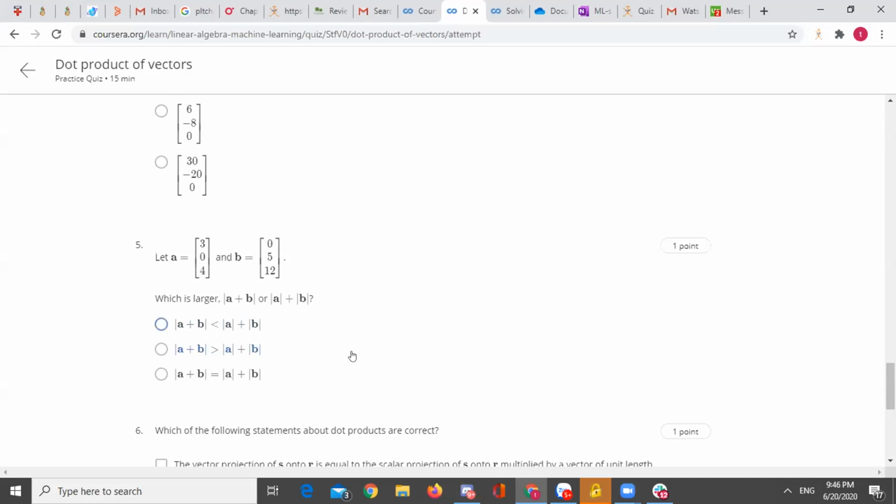Here, let me get back to your sharing screen. You got the question? Yeah, I got the question. The modulus of A plus B is equal to the modulus of A plus the modulus of B. I think it's one of the trick questions.